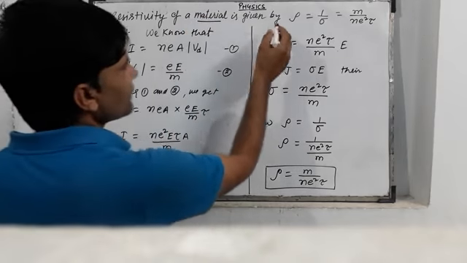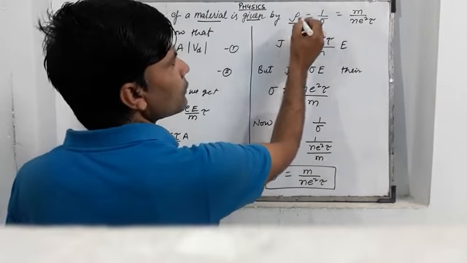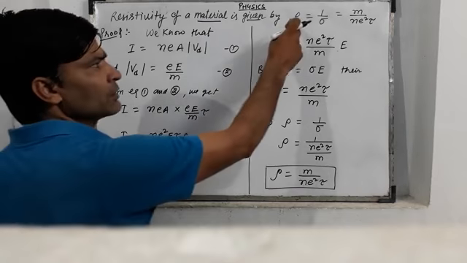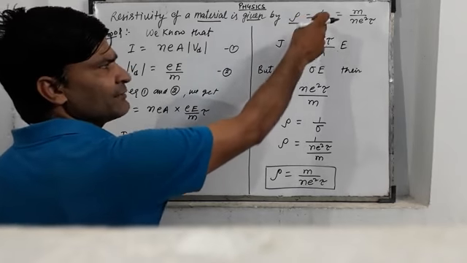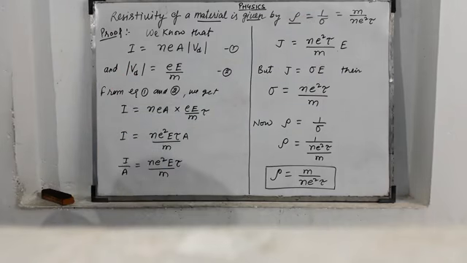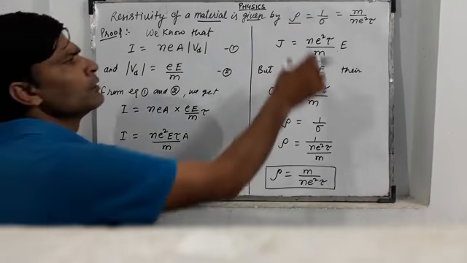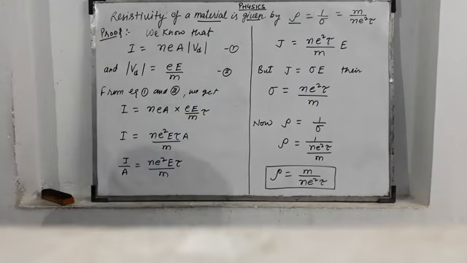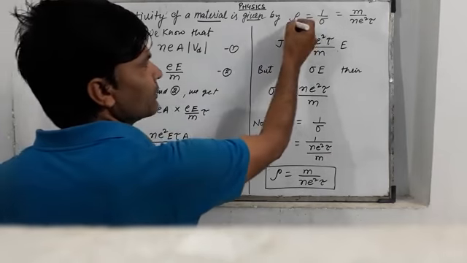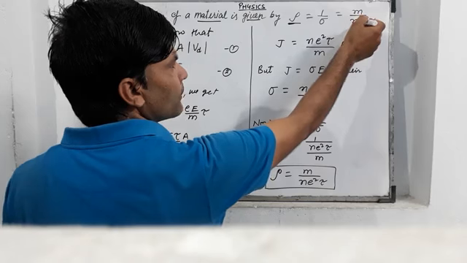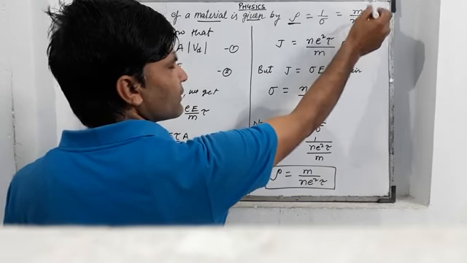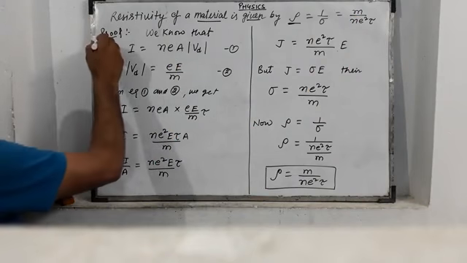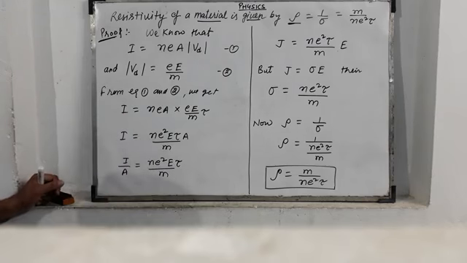Resistivity of a material is given by rho equals 1 upon sigma, where rho is resistivity and sigma is conductivity. You know that resistivity is the reciprocal of conductivity, and this is equal to m upon n e square tau. How is this derived?